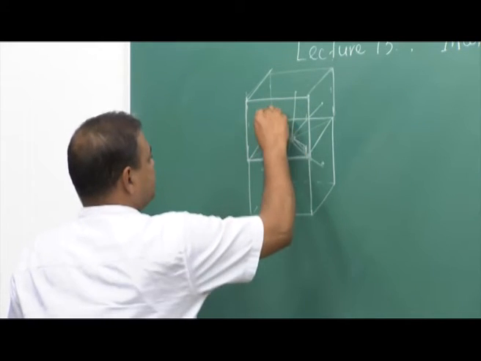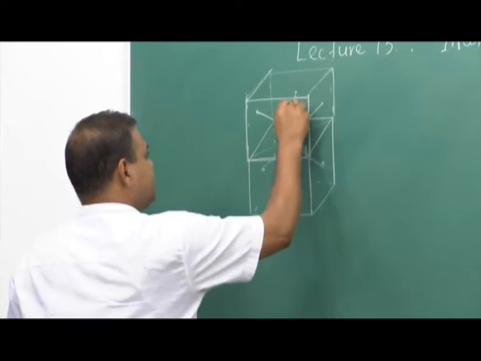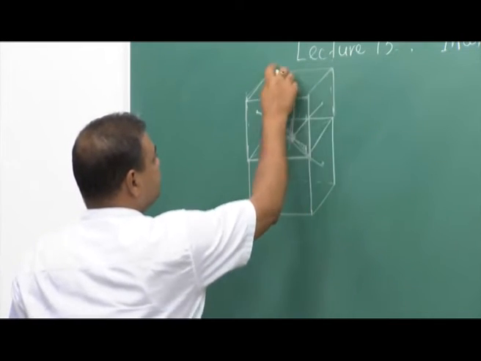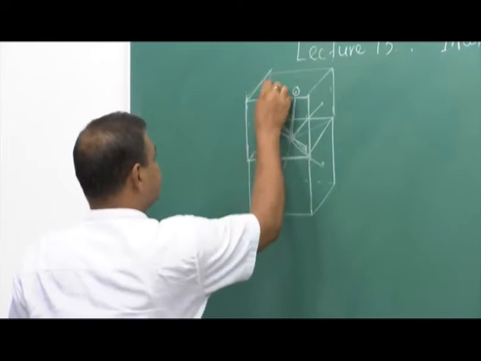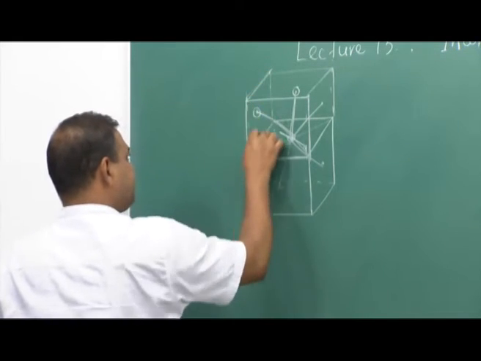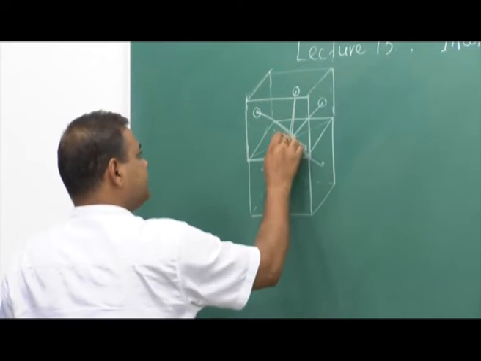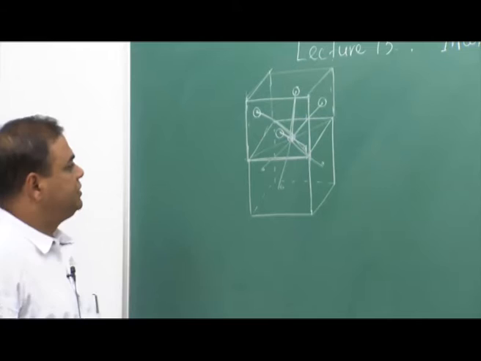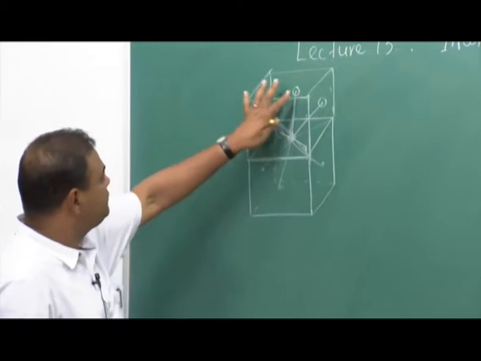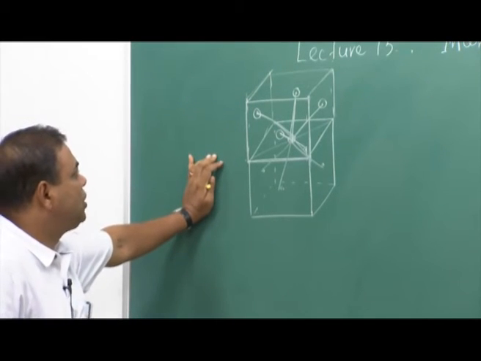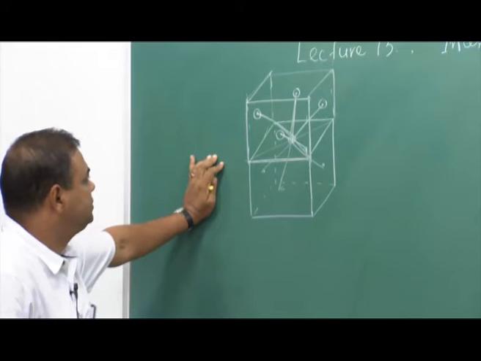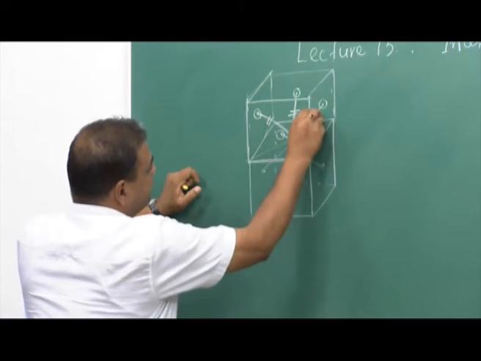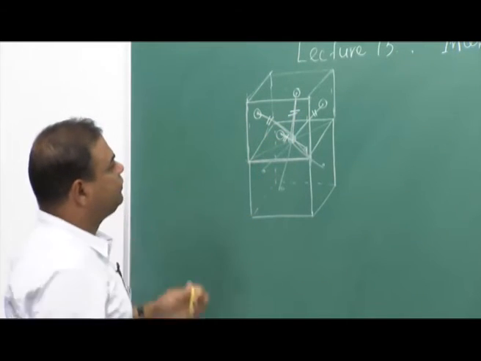So, this atom is the center of this face, this one the center of this face, and this is the center of this face. Now, if we remove this top cube, we have to cut this bond and this bond. So, these 4 bonds are cut.